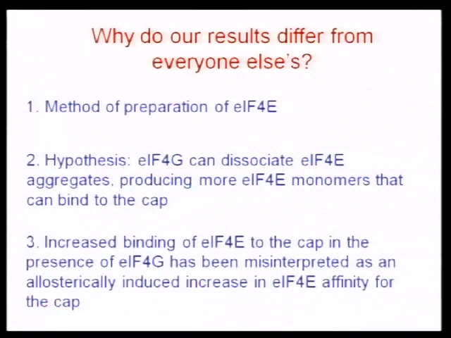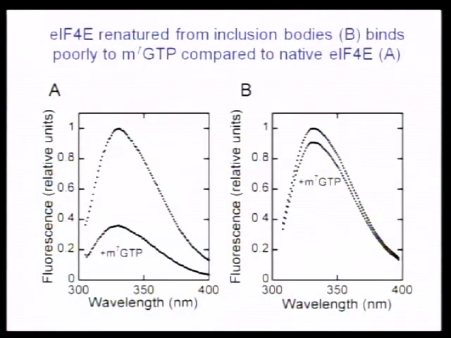So increased binding of 4E to the cap has been misinterpreted as an allosteric change. So we tested this hypothesis by making 4E either from soluble protein that had never been in inclusion bodies or by renaturing inclusion bodies.